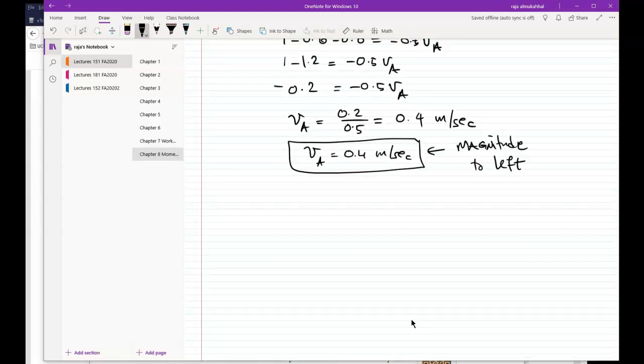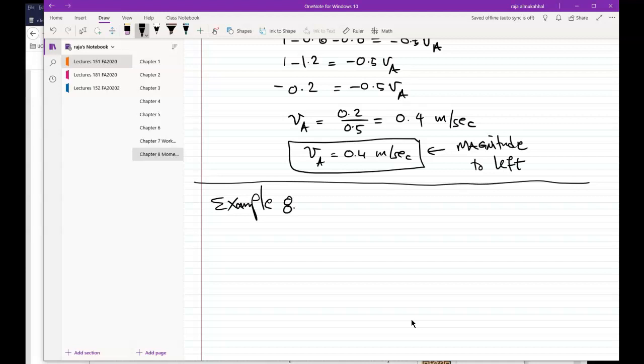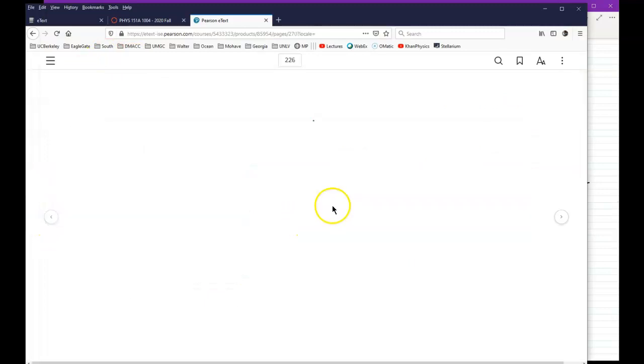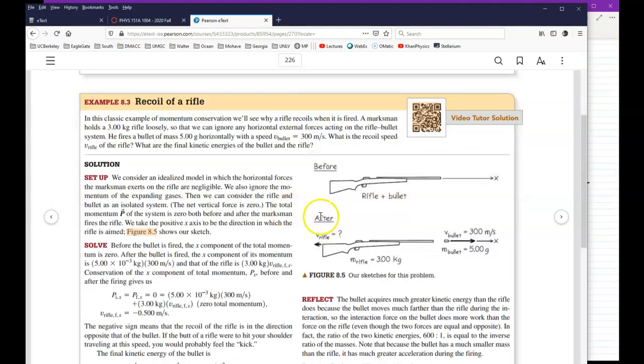Let's do one more. I want to do example 8, the one previous to it. 8.3. That's a recoil of a rifle, it says. Let me go back to the book. There we go.